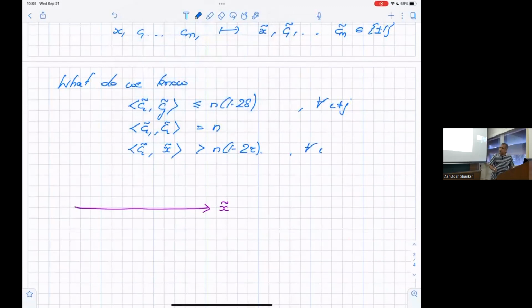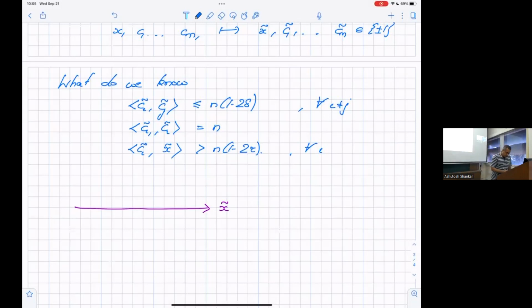The second one says you can think of them all as unit vectors, all of the same length, all the n plus 1 vectors. The last inequality says they're all fairly close to x tilde, because their dot product with x tilde is pretty large.